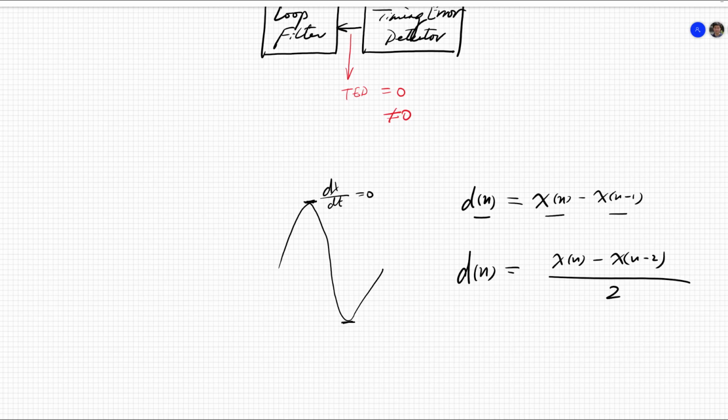It is called central difference because the sample position x[n-1] is not changing, but I'm taking the two neighbor samples, x[n] and x[n-2]. It is equivalent to taking the sequence x convolved with a filter h, and the filter h takes three values: half, 0, and negative half.